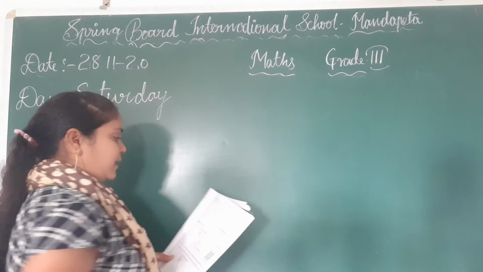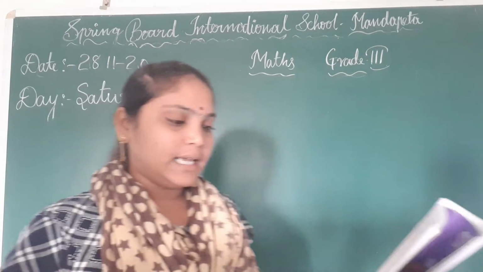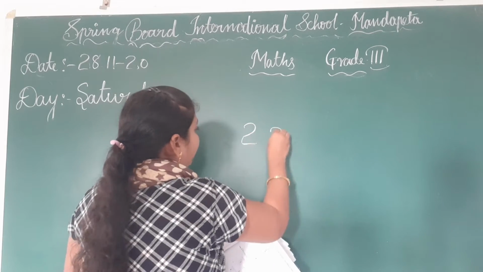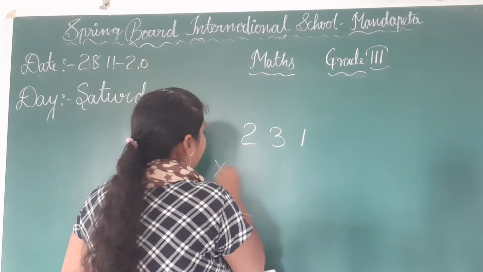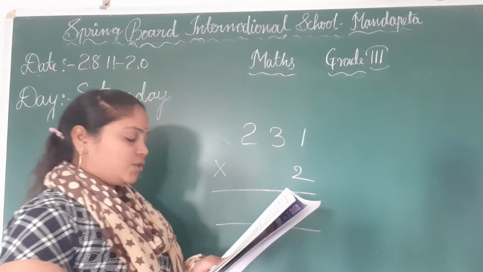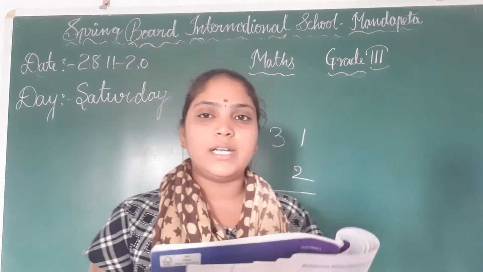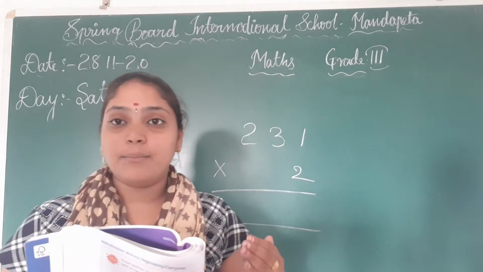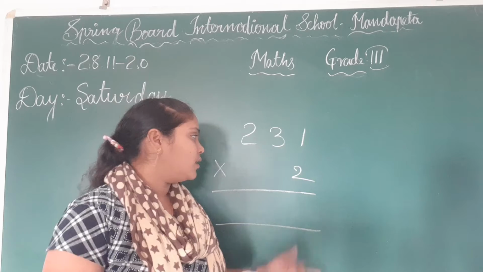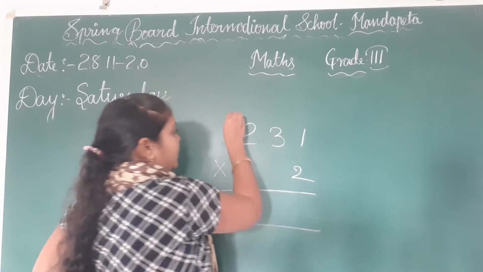Next, multiplication with a 3-digit number. Multiplication, 231 into 2. So first, what do you have to do, children? You have to write the numbers one below the other.